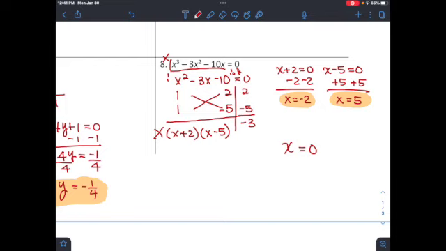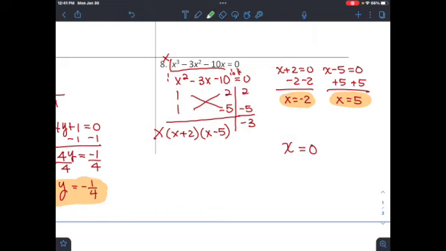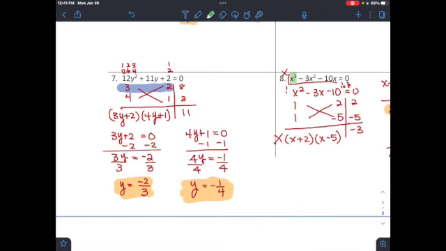And also, another thing that's very interesting is if you take a look at your exponent, your highest exponent is x to the third. Because that's x to the third, you should have 3 answers. Notice if you have x to the second power right here, you have 2 answers.